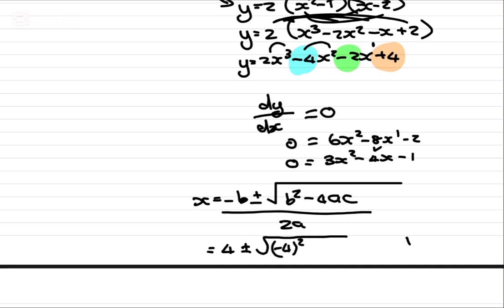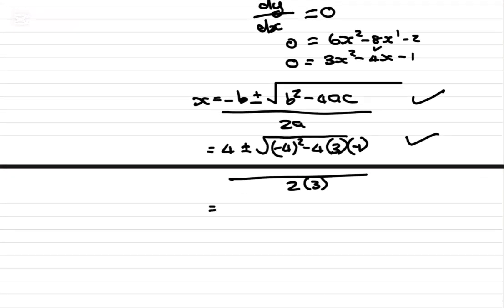And you have to show the substitution. You don't have to write this, but you have to show your substitutions. So that's very important. a is then 3. My c value is negative 1. All over 2a, and a in this instance would be 3.